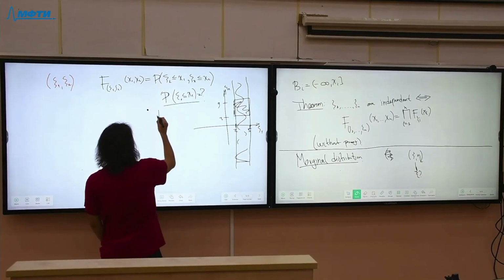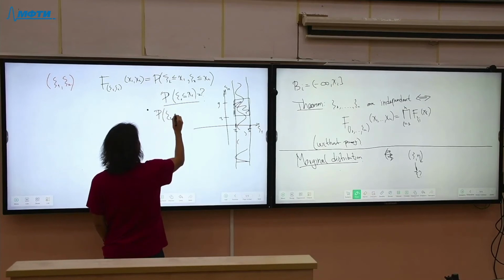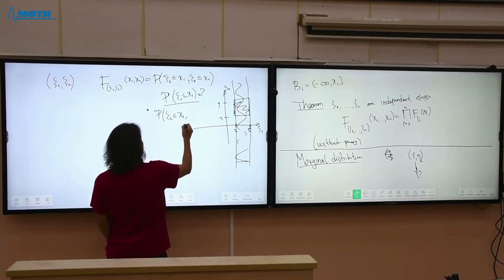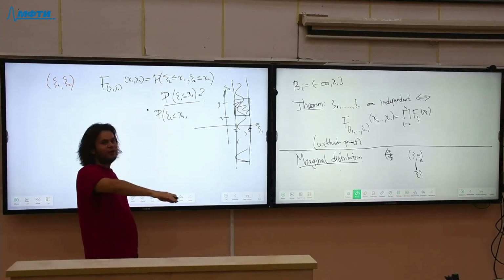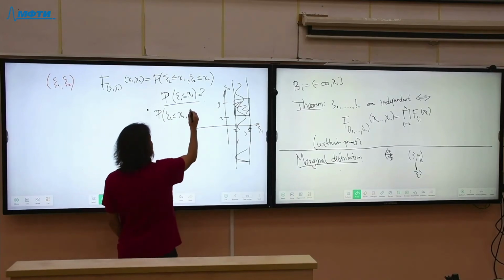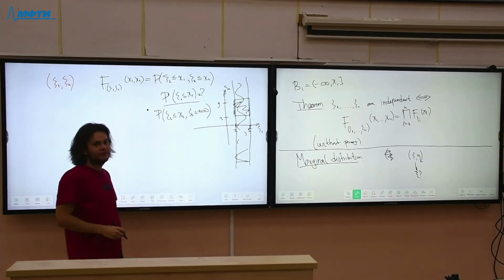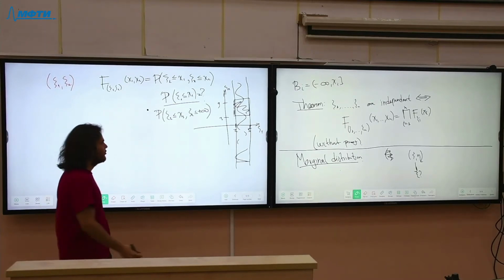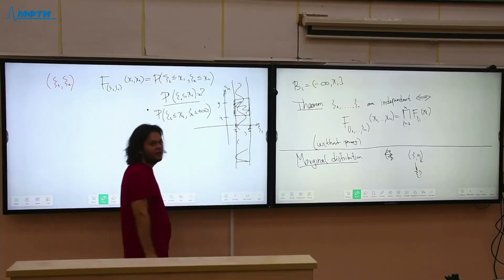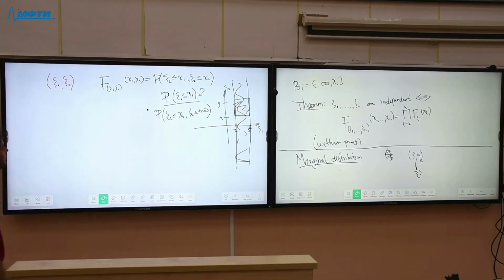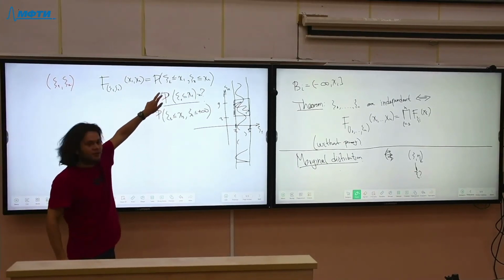This is the probability that psi 1 is less or equal than x1 for any possible value of psi 2, right? So when psi 2 is less or equal to infinity, all these possible values. This is going to be this, right?